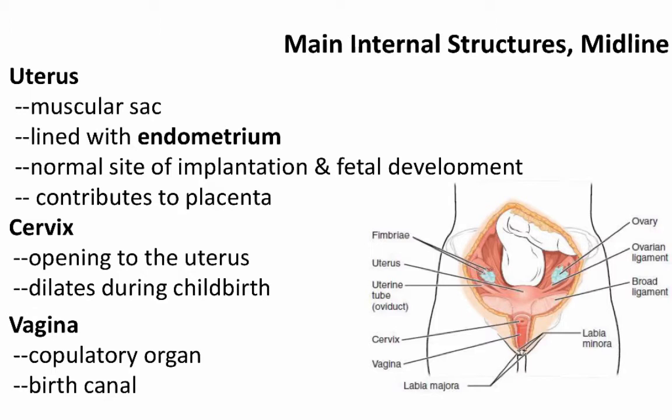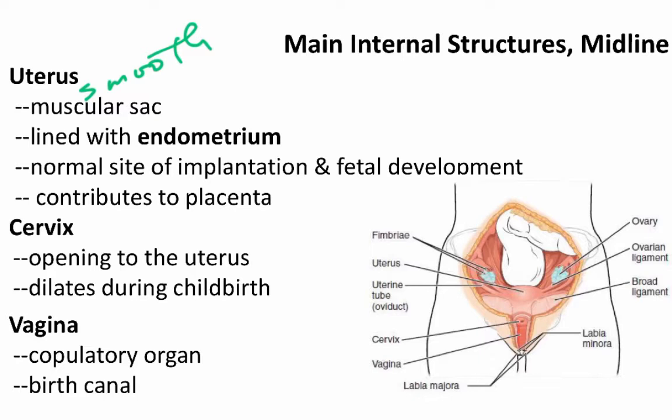So as I said earlier, the uterus is a three-layered structure. It's very muscular, smooth muscle, which remember is involuntary, and it's lined with a layer of epithelial cells called endometrium.